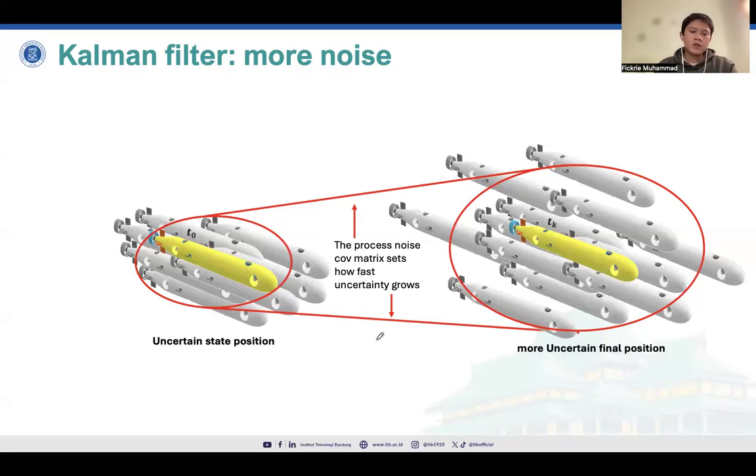So larger process noise, or larger covariance values, assumes a more unpredictable system, where uncertainty grows faster and relies more on measurements.